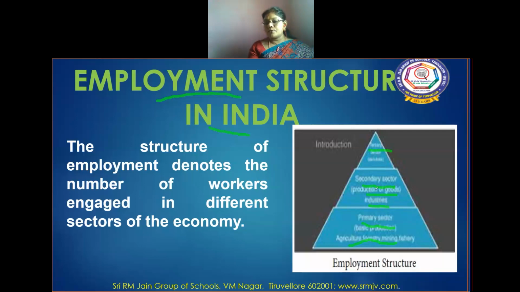For example, banking and education come under the tertiary sector. So the structure of employment denotes the number of workers engaged in different sectors of the economy. The number of persons involved in the three different sectors of the economy is called the employment structure in India. And already we discussed there are three sectors: primary sector, secondary sector, and tertiary sector.